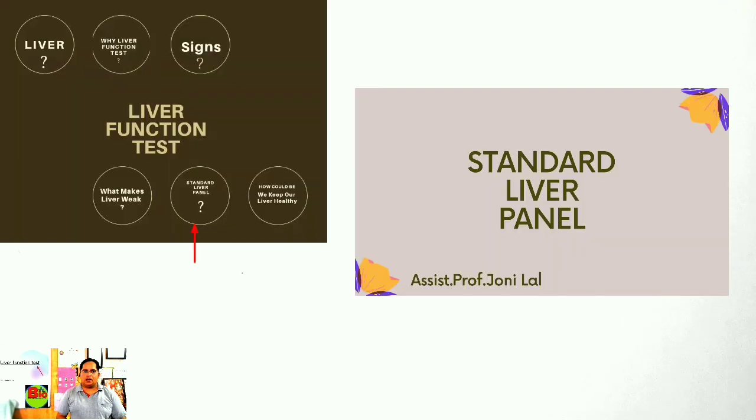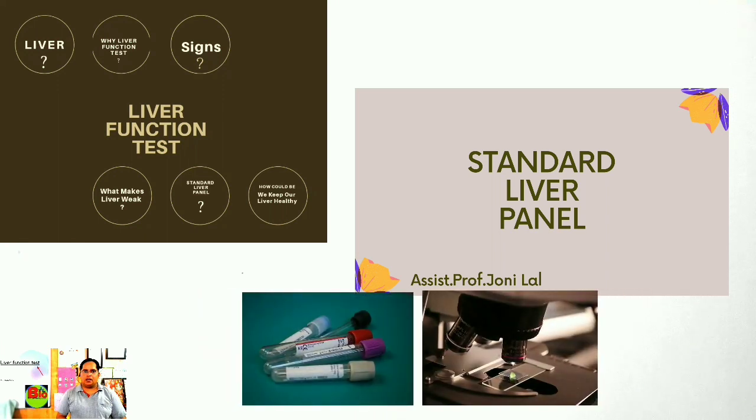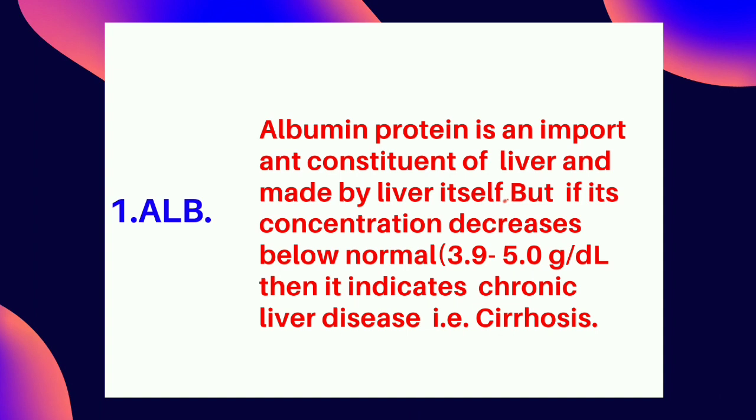Now, the standard liver panel, which gives complete information about the liver's problem. It includes various tests of blood or serum. First one, ALB. It is done for albumin protein, and it is an important constituent of the liver and made by the liver itself.